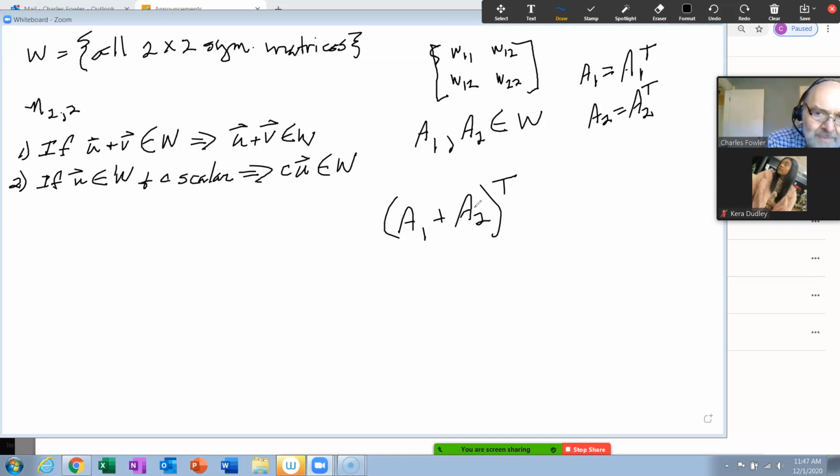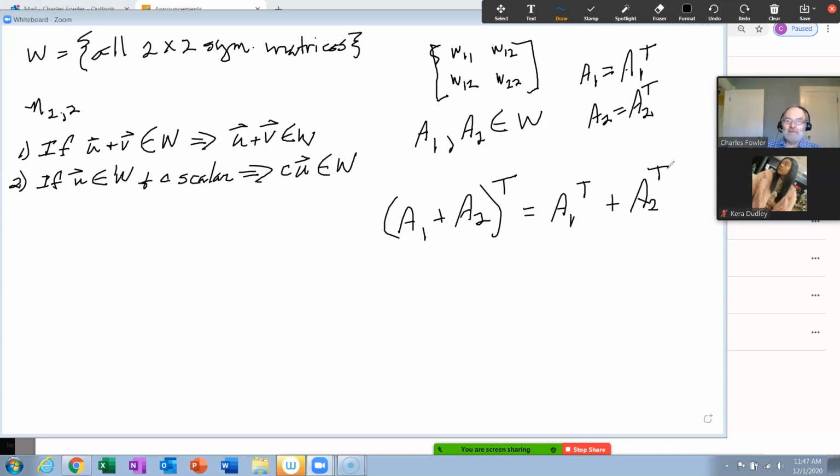Some of the properties are, if you go back to page 57, you'll see that the transpose of A plus B is the same as A transpose plus B transpose. They used A and B, but that's the same deal here, A1 transpose plus A2 transpose.